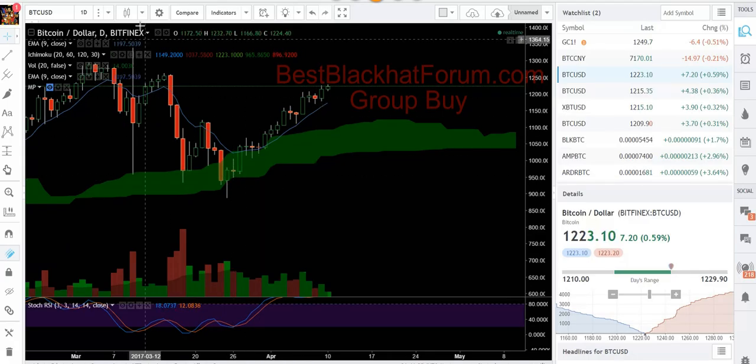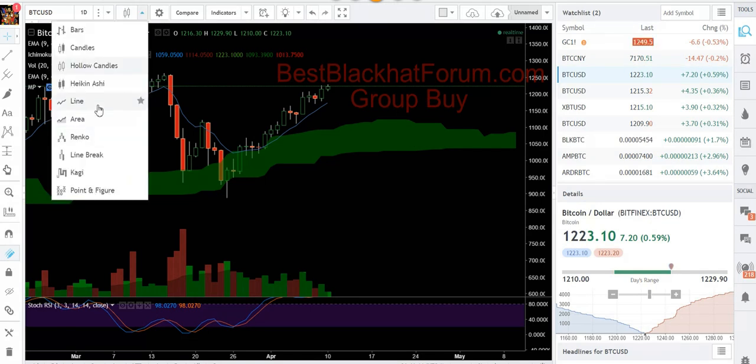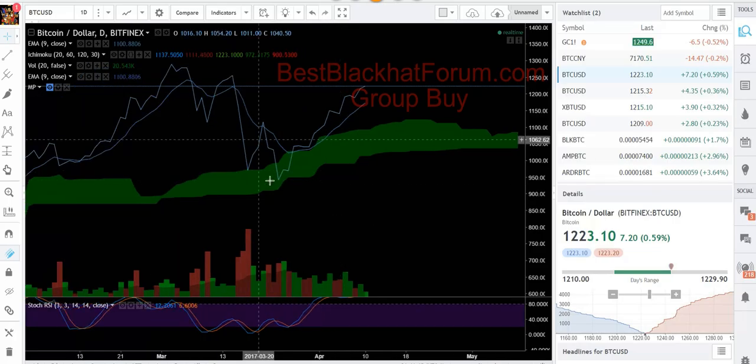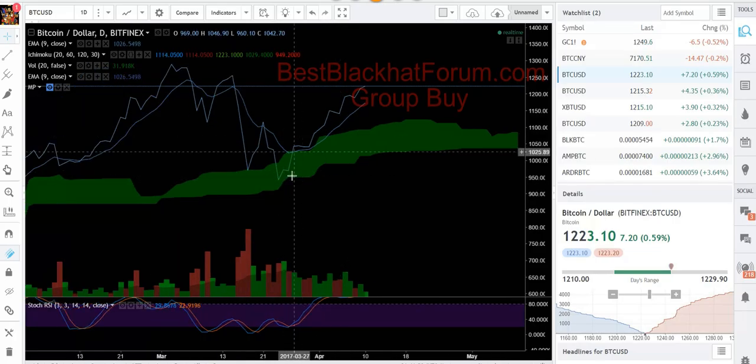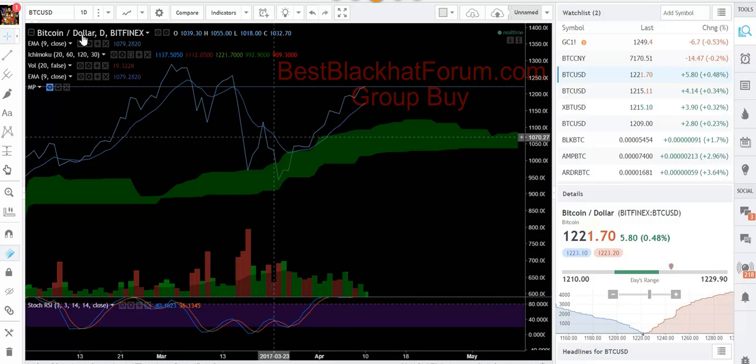So we have 2 things here where we tried to penetrate the cloud several times here and penetrate our daily support, and we couldn't do it. And we actually even opened and closed within the range of respecting the cloud. Okay, so that's a really good bullish sign that we didn't start trading under the cloud.